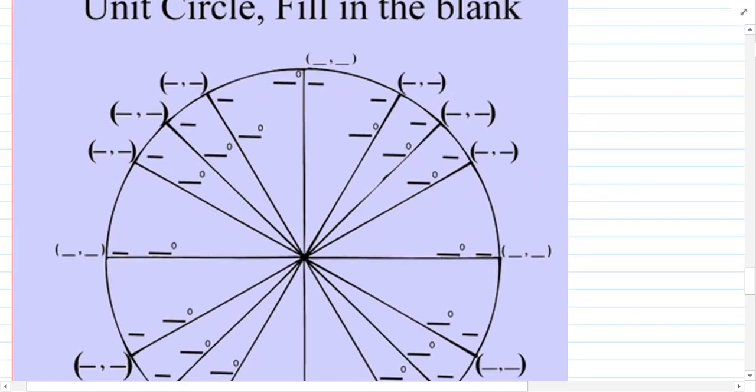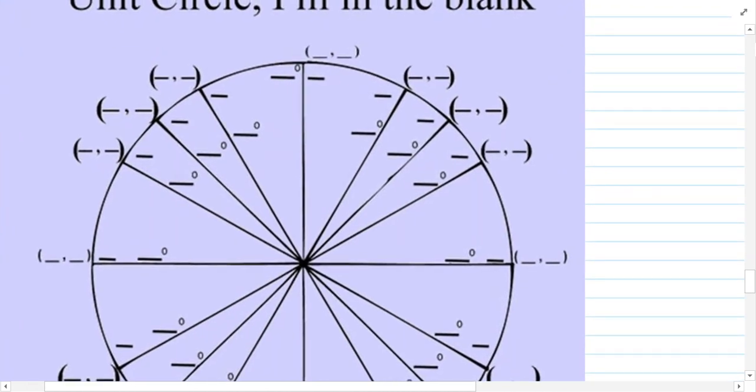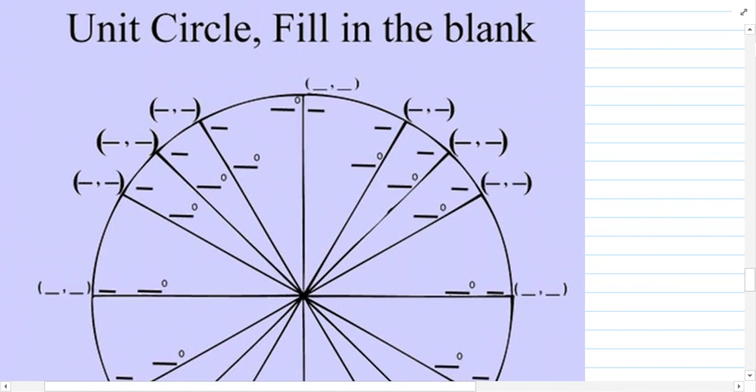All right, so okay, now we're talking about our unit circle where the radius r always is 1. Okay, and it's positive.